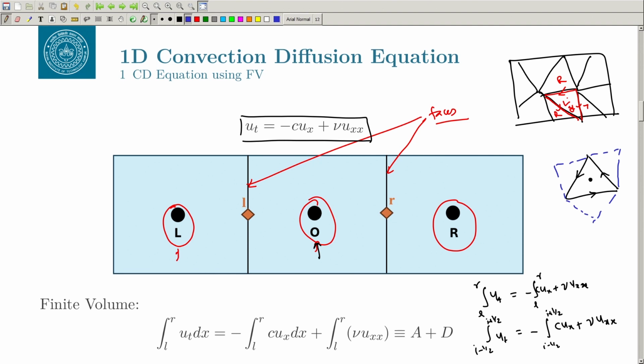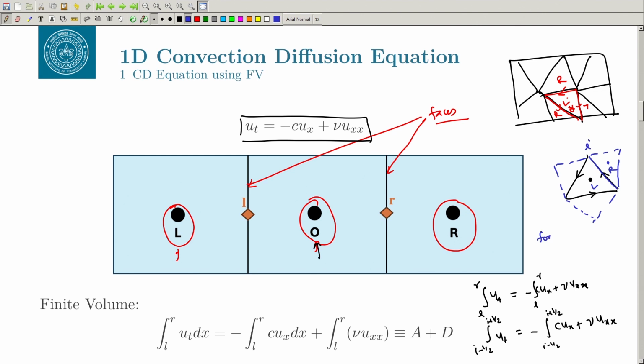So, if you take this edge here, this one, okay, this is my left and there is one on the right. Okay. Now, there are two kinds of conventions used in finite volume. One is that you know that we have this local conservation in every single cell, right. So, what you can do, go for each cell, let us say let me call this cell as cell I. Okay.